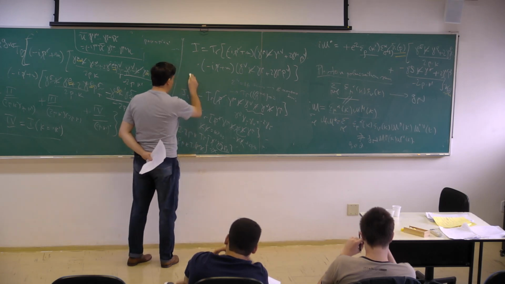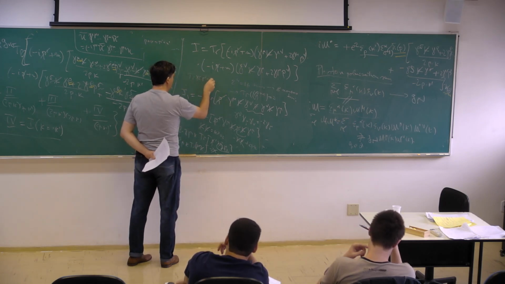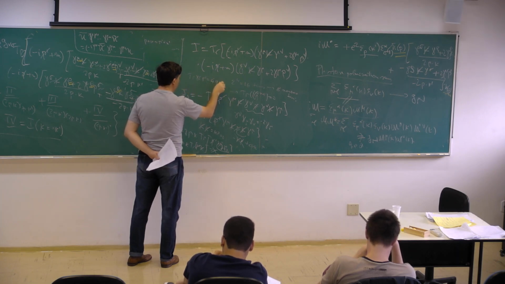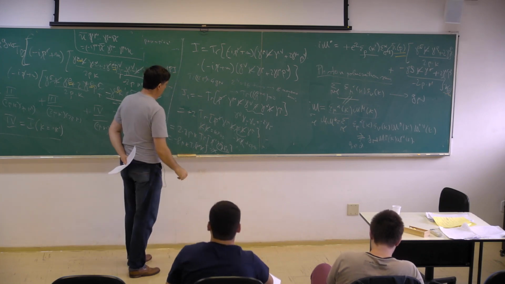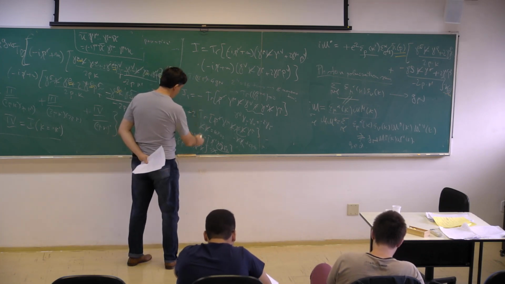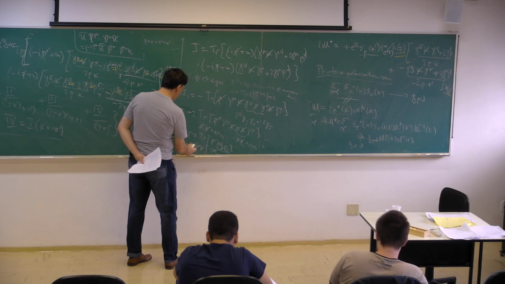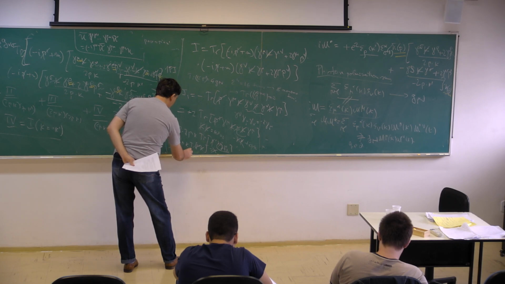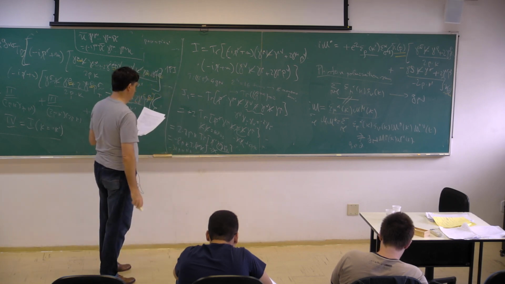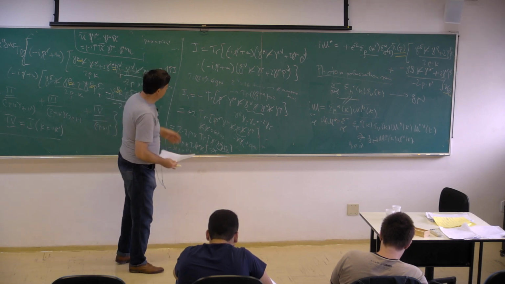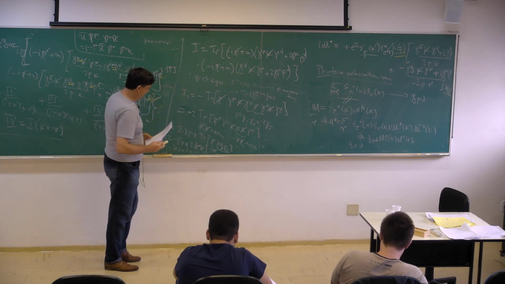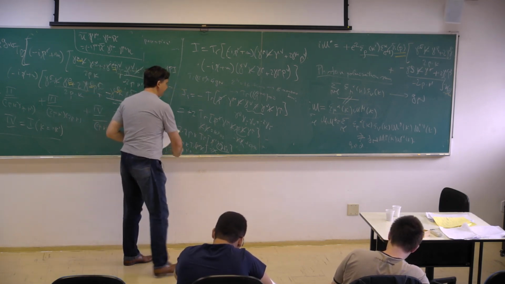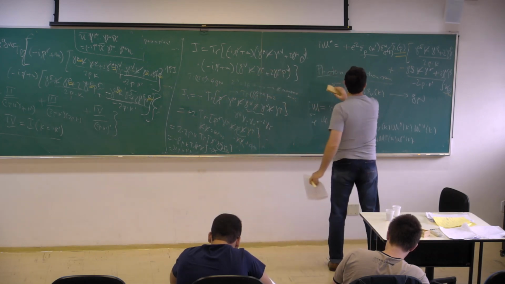But trace gamma mu gamma nu is 4 g mu nu, and so in this case I get 4 p prime k, so minus 32 pk p prime k. Okay, I got the right result. So I don't know, probably had an even number of mistakes in my notes. All right.